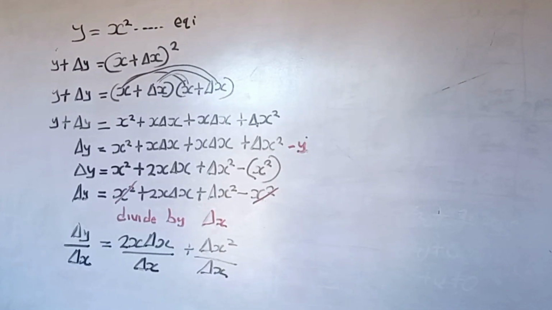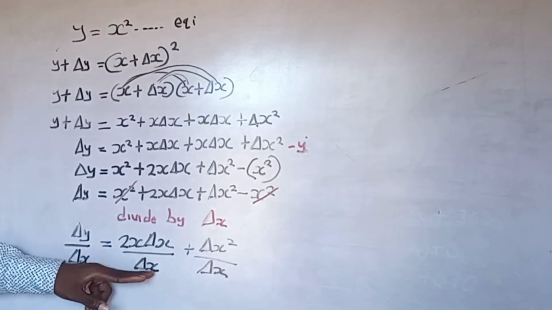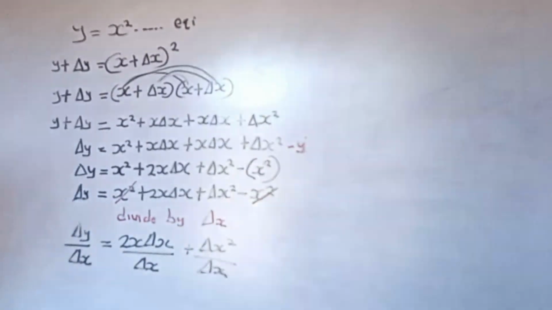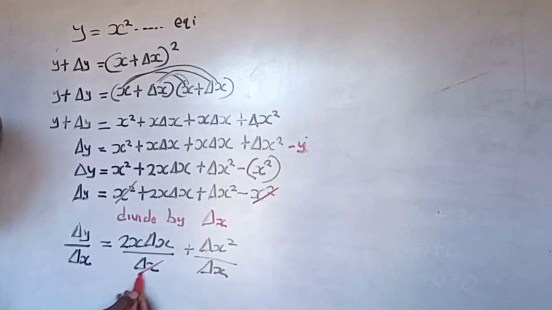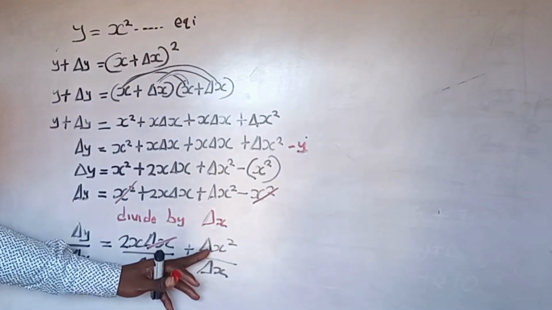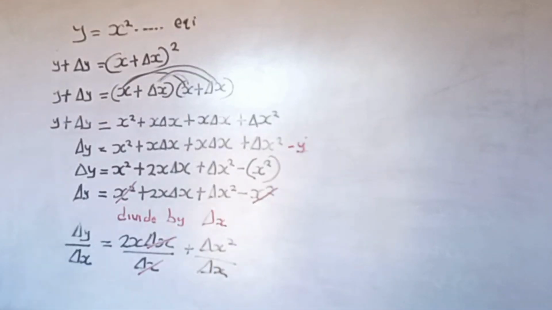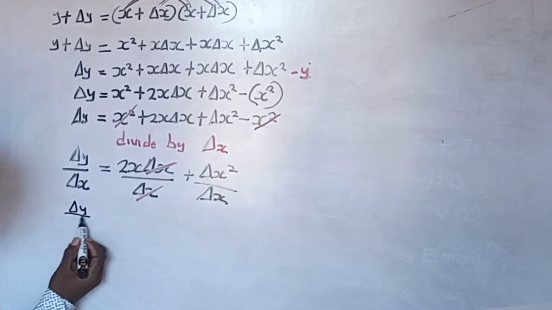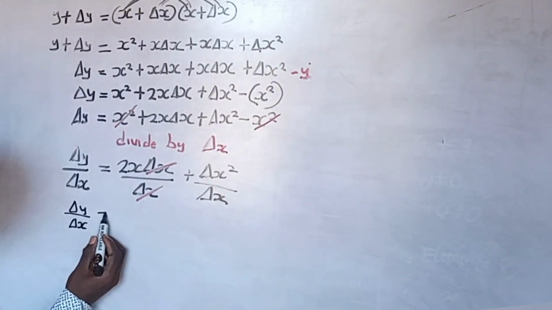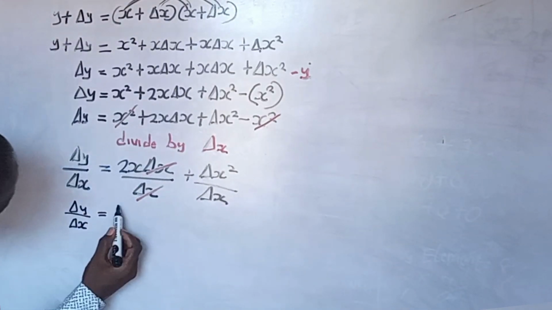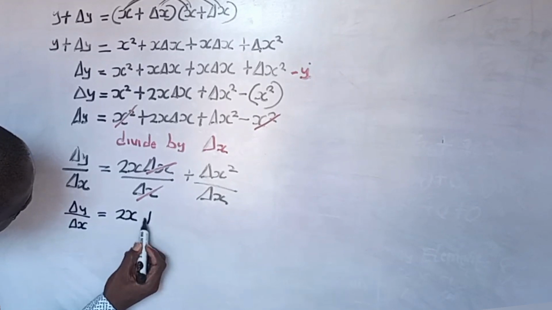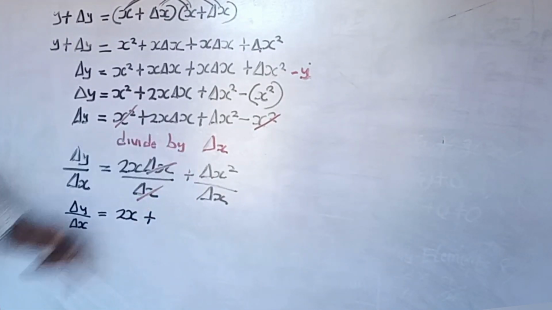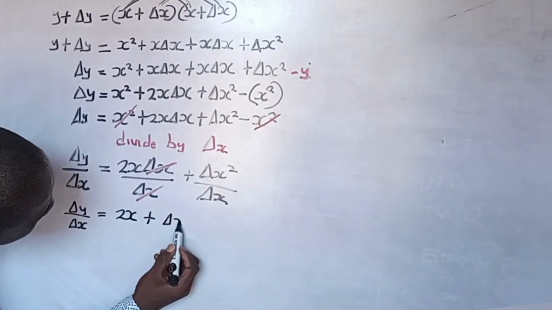Now, we have gotten to this point. This delta x can cancel this delta x, so instead of 2x delta x, I'm going to have 2x. And delta x squared divided by delta x will give me delta x. So let's proceed. I'm going to have delta y all over delta x equals 2x plus delta x.